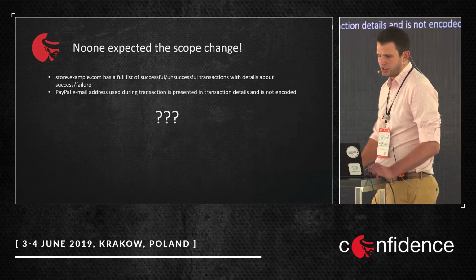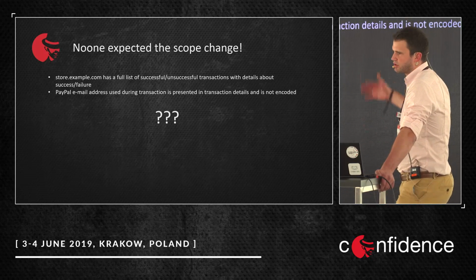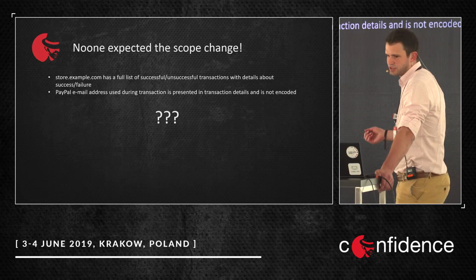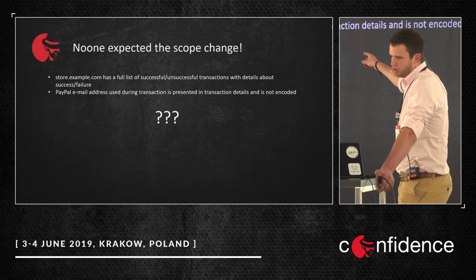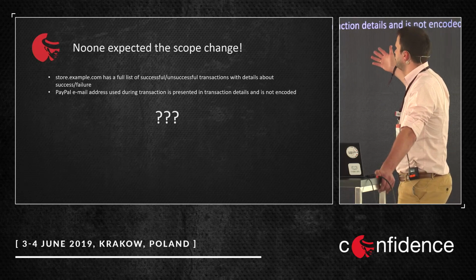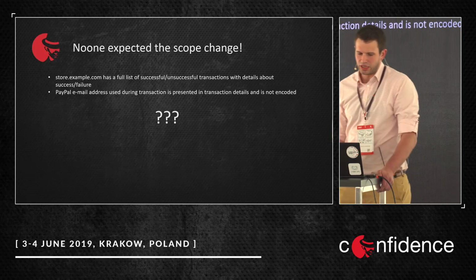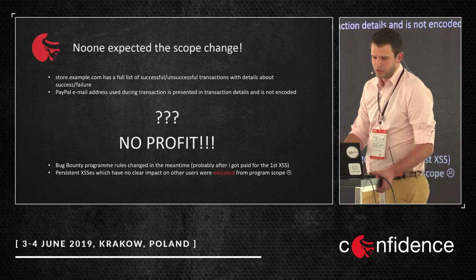The thing is that the application had a very long list of all the transactions, successful and unsuccessful ones, with all the details. So just by initiating that transaction with this tricky email address, I was able to perform another persistent XSS attack.